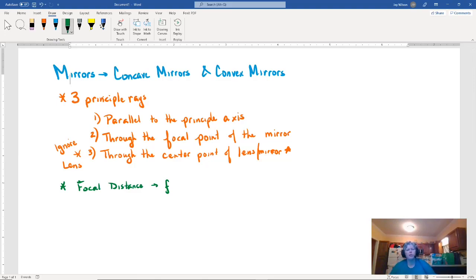The focal distance is F. It's the symbol we'll use. And yes, I know that's the same symbol we use for frequency, so be careful of context. But the focal distance is equal to 1/2 the radius of curvature.